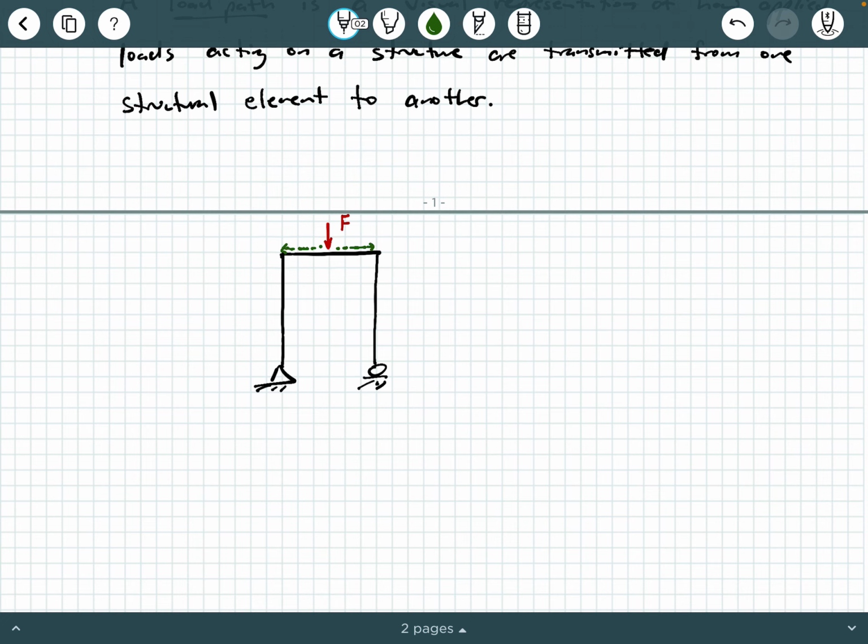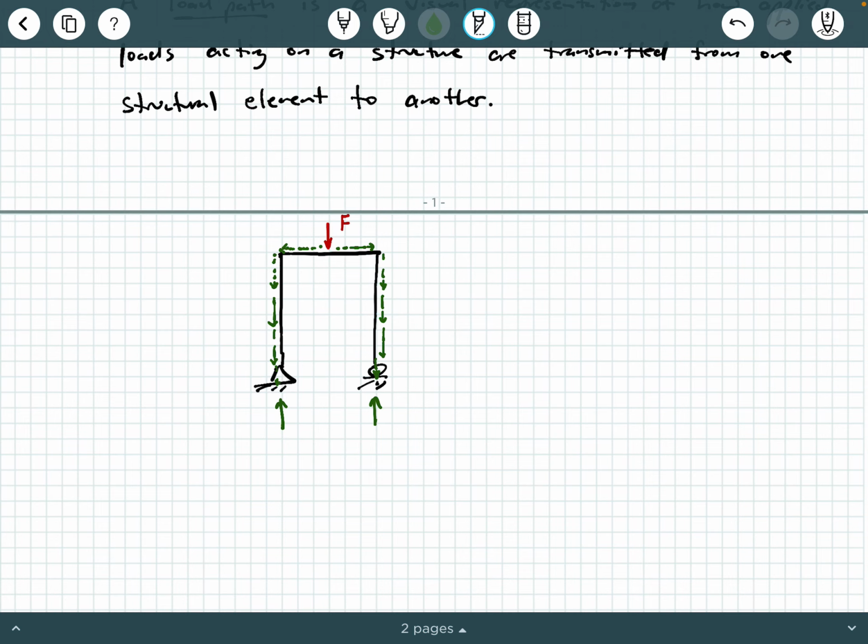It will get transmitted through this horizontal beam and down through these vertical columns, and then into these supports here. And then as a response, the supports will engage reactions here. So again, this is the internal path the load takes throughout a structural system.